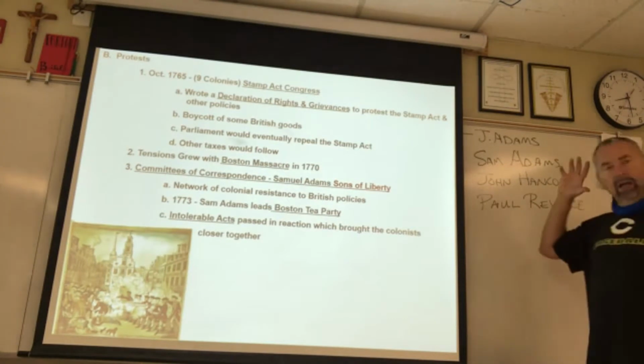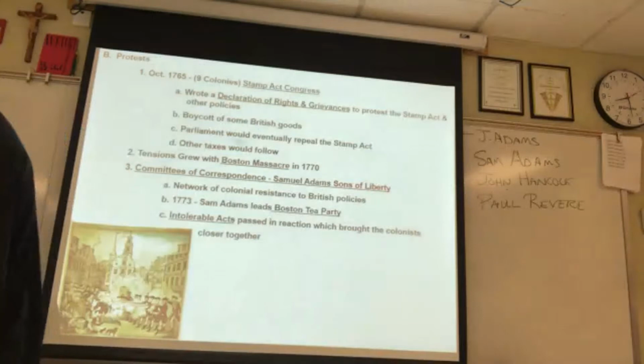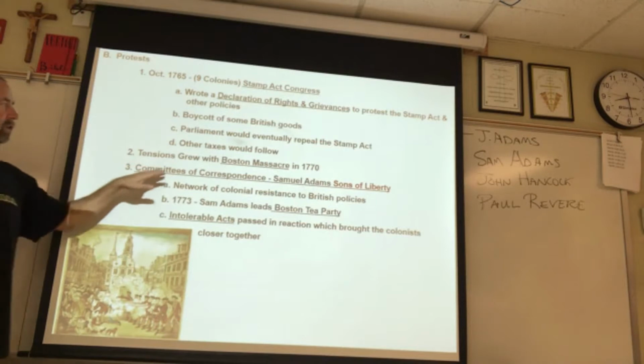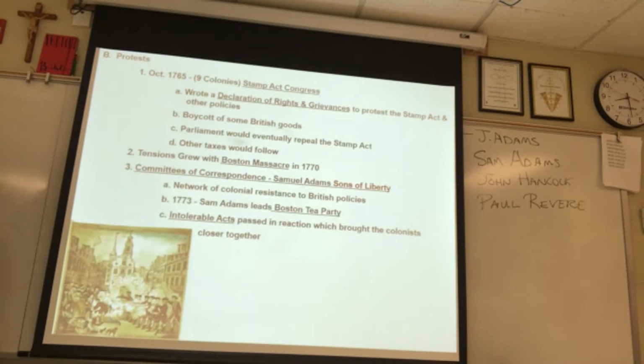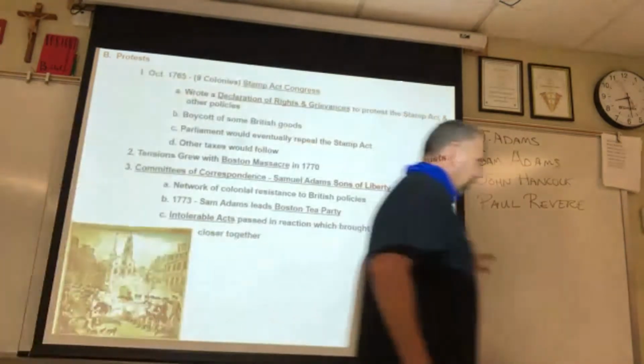They're trying to get the other colonies, other people, to really stand up against the British. So what were the Committees of Correspondence? They were writing letters, correspondence to the king and to Parliament, and will eventually turn into the Sons of Liberty.